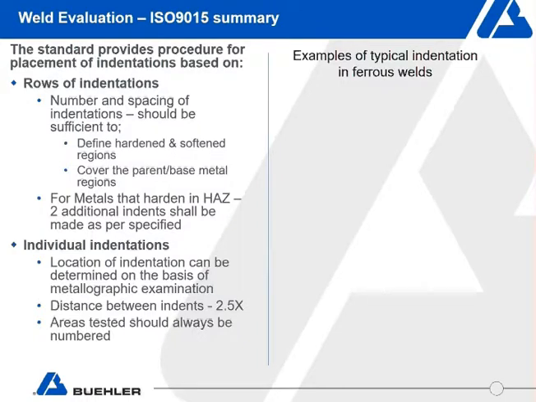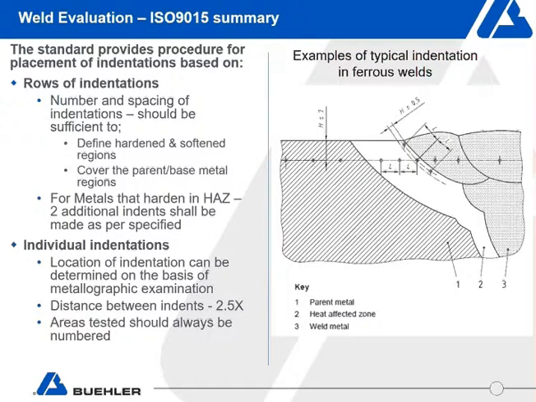As a typical example, which is specified in this standard, we're looking at a butt welded component, and it specifies you need to do 3 indents in the parent metal, 3 additional indents within the heat-affected zone, and as I mentioned before, for metals that tend to harden in the HAZ, you can add 2 indentations on either side as illustrated there.